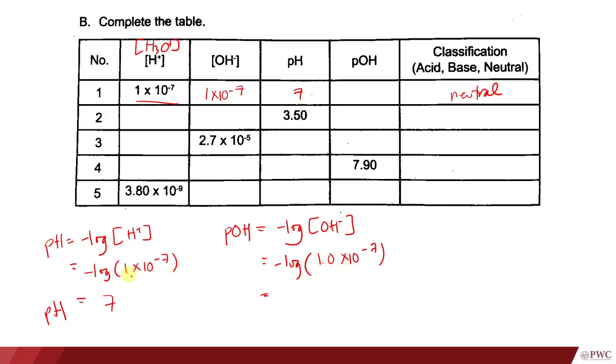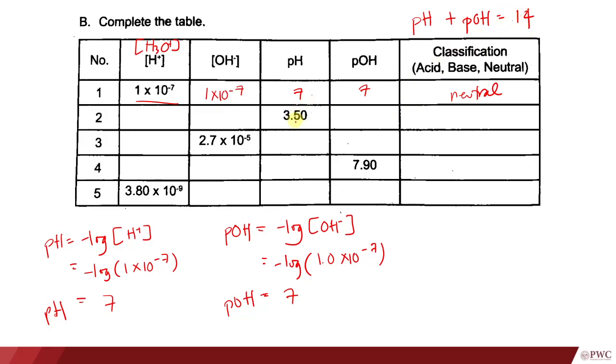This is the same as this one, so this is also equal to 7. So the pOH here is 7, and the pH here is 7. This one is obviously neutral. And please remember that the sum of pH and pOH is equal to 14. Obviously here, 7 plus 7 is 14, which is correct.